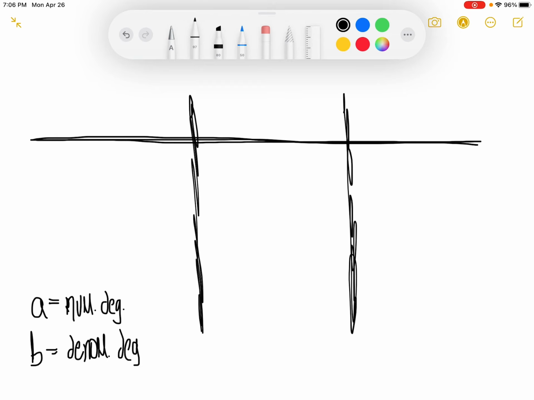Knowing what a degree is goes back to the last unit. Remember, if you have something like this, the degree is 2 because that's the highest exponent there. If we had something like this, then the numerator degree would be 2 and the denominator degree would be 1, because there's a 1 there even though there's nothing there. That's review.